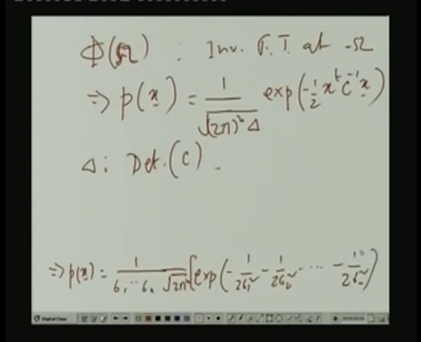It amounts to just multiplying n individual Gaussian density functions for n Gaussian random variables that have 0 mean and variances sigma 1 square, sigma 2 square, dot dot dot, sigma n square.